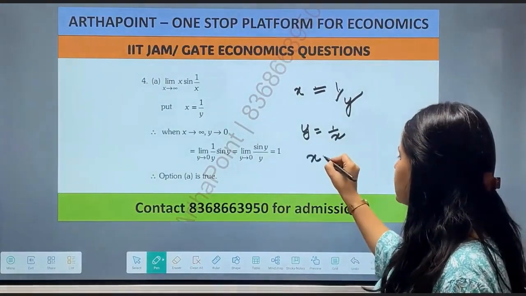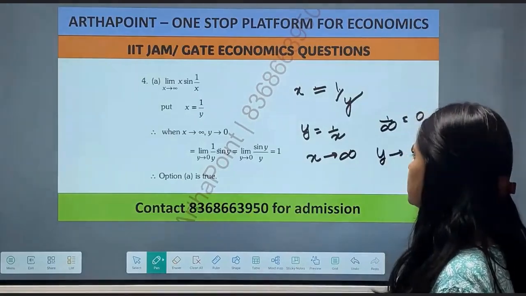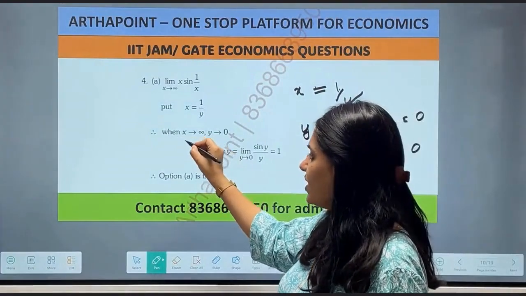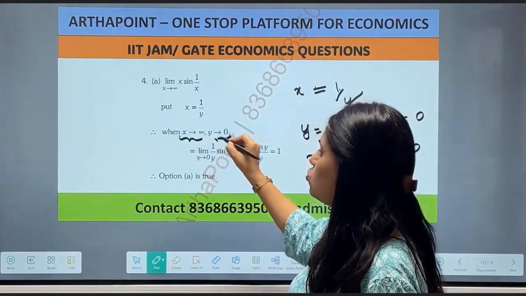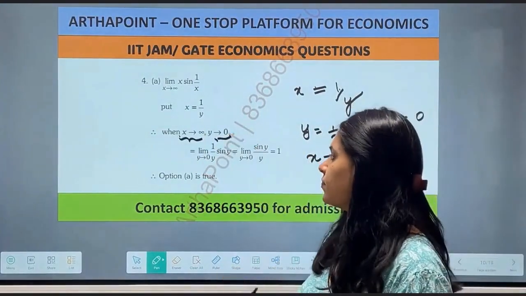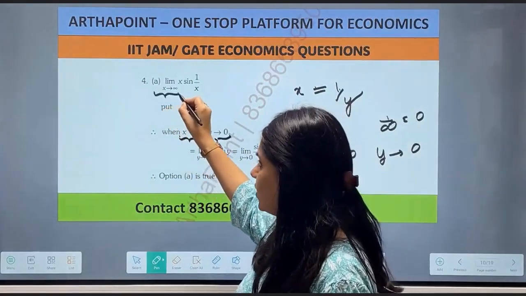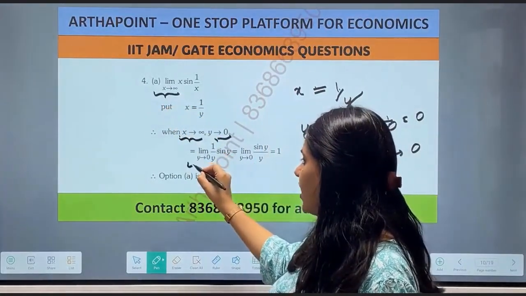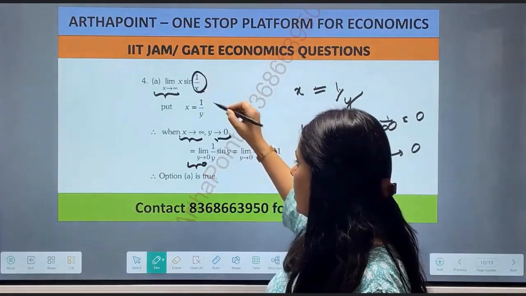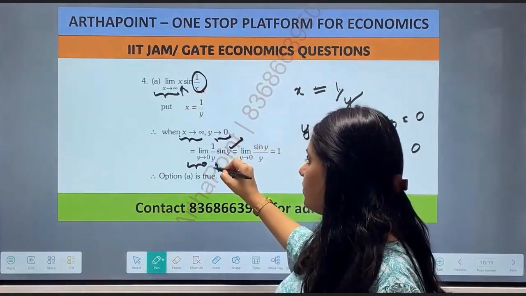That means when x tends to infinity, then 1 by infinity means 0. So y will go towards 0. So I am saying when x tends to infinity, y tends to 0. Now I have replaced it. Instead of x going to infinity, I have written y going towards 0. Instead of 1 by x, I have written y. And instead of x, I have written 1 by y.